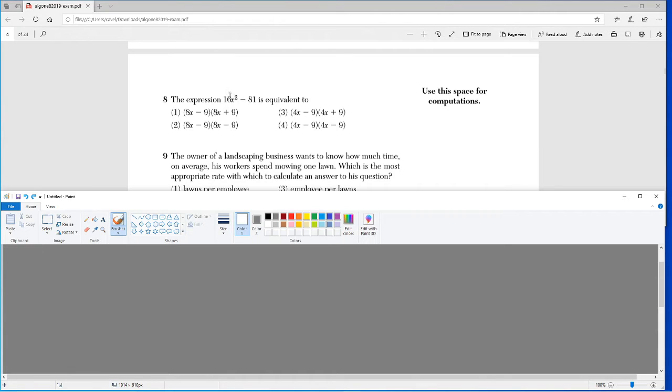Next one is the expression 16x squared minus 81 is equivalent to. So once you see this type of quadratic, you should think of difference of two perfect squares, because 16x squared is a perfect square and 81 is a perfect square. So anytime you have a squared minus b squared, this factors to a plus b and a minus b.